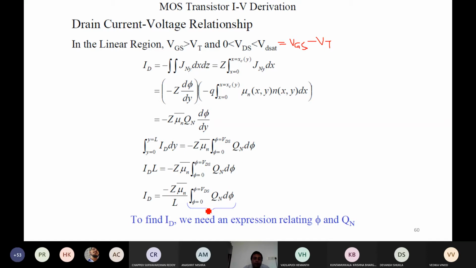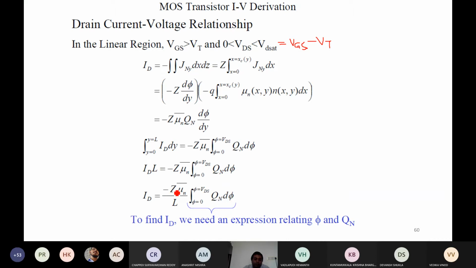Obviously, then we have to find out this value further. To find id, we need the expression for phi and qn. So let us go further. This integral from phi equal to 0 to VDS of qn d phi, we have to find out now.